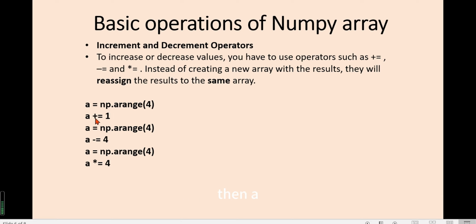Then A plus equal 1 will create an array and reassign it back to the original array. So this will increment each element of the original array by 1. Similarly, A minus equal 4 will subtract 4 from each element of A, and this will multiply each element of array A by 4.